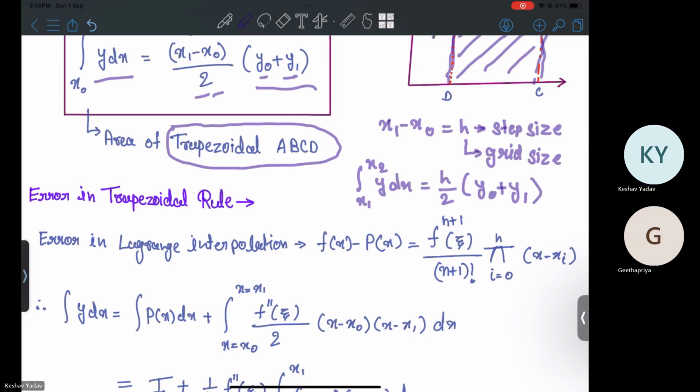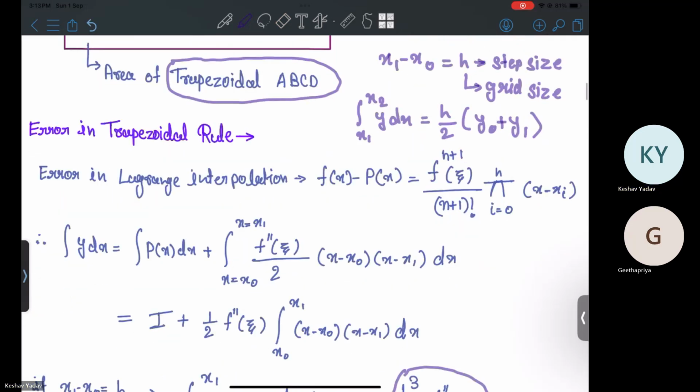Okay, so since we have discussed just now the trapezoidal rule to find the numerical integration, now we will discuss what is the error associated with it. So if you recall, last week we discussed the error involved in Lagrange interpolation.